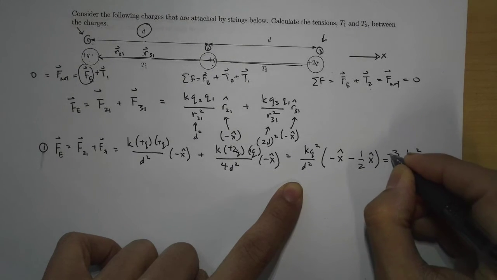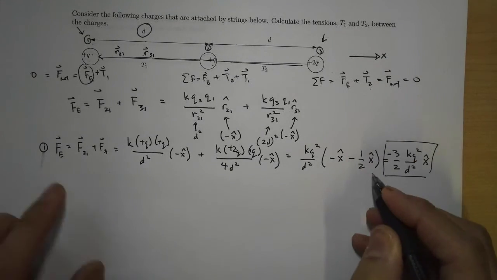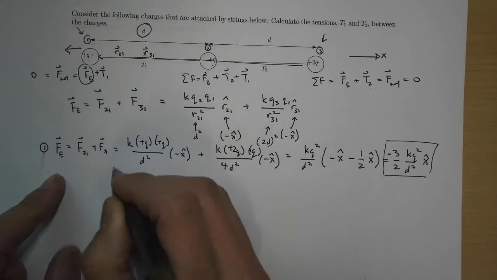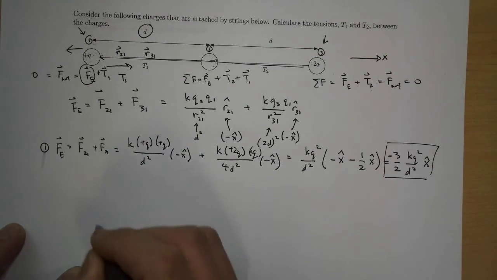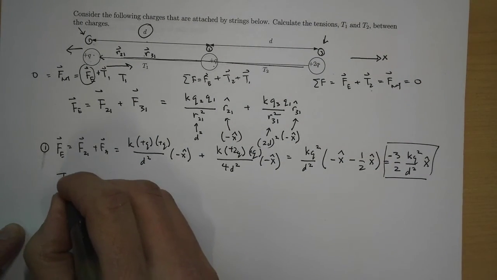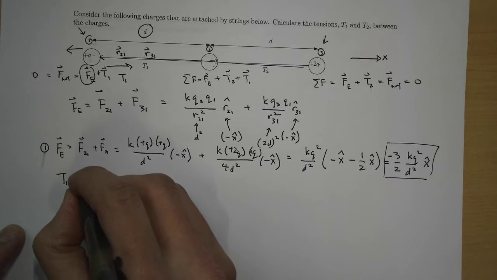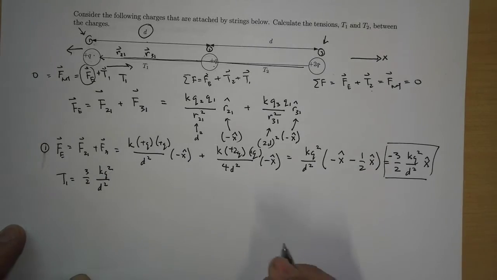Don't forget your minus sign. Okay, perfect. So that is the electric force. You'll notice that this electric force is pointing in this direction, and because the pull is in that direction, tension 1 is just going to be the positive value of that, 3/2 k q squared over d squared. Just to make sure everything's in the right direction.